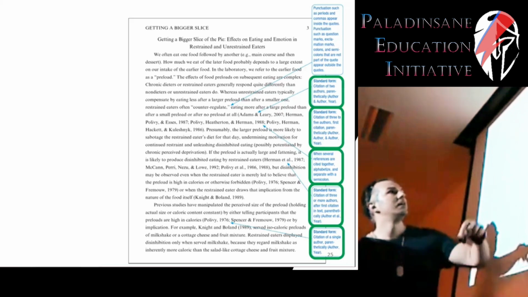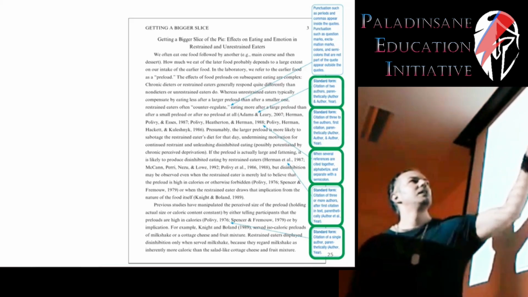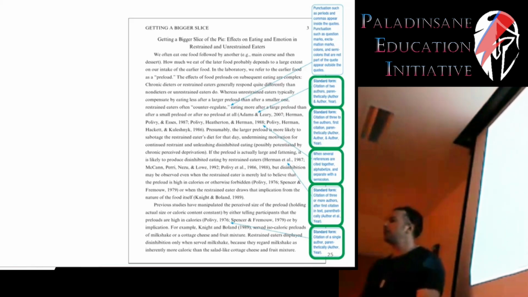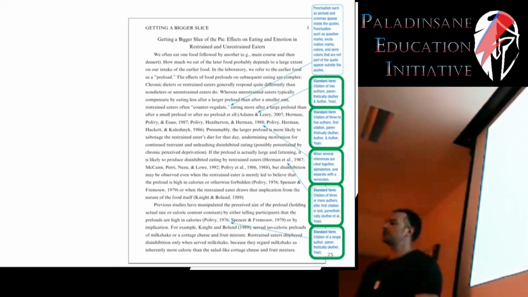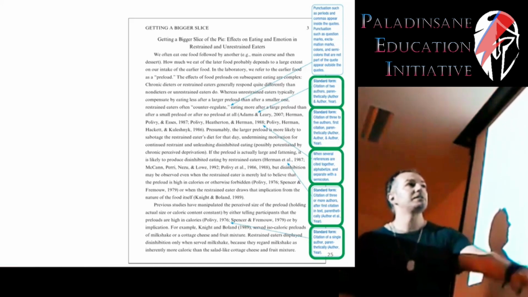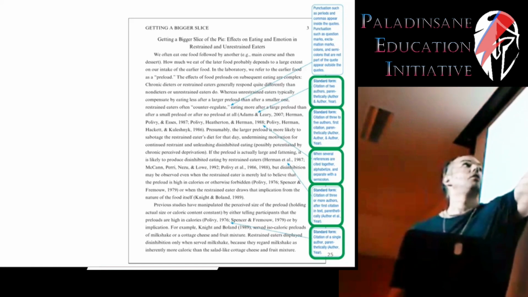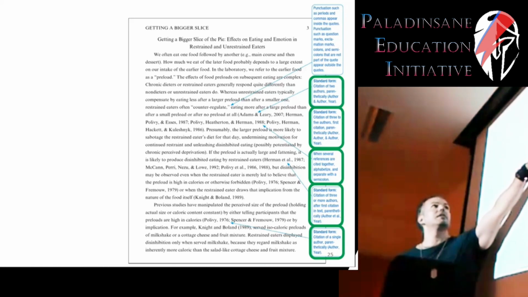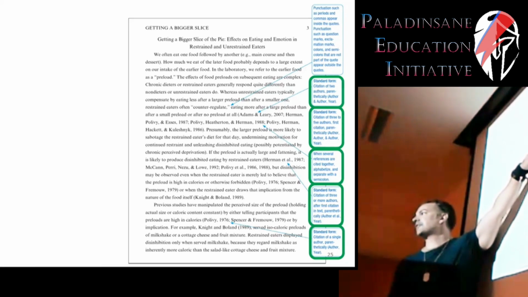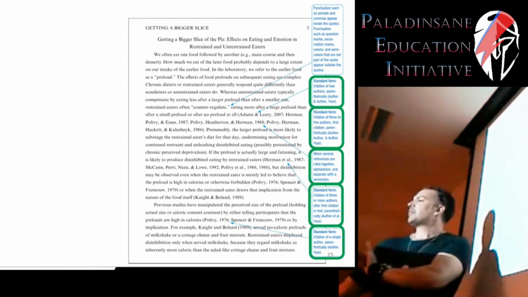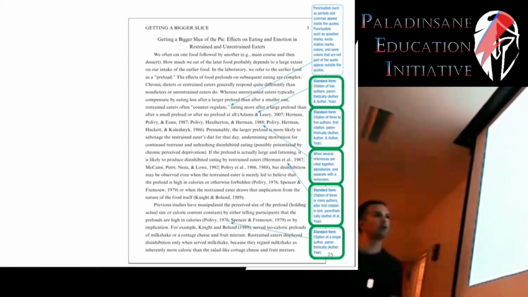Number 2, if I read this sentence and I said, I don't believe it, I don't think that's true, well, the authors are basically saying, all right, go check with Adams and Leary if you need more information. Go look at Herman, Polivy, and Esses for their 1987 paper. They're letting you know where you can get more information if you want to check up on what they wrote.